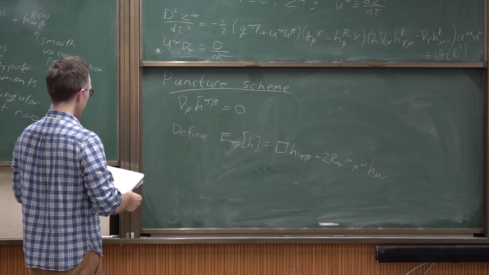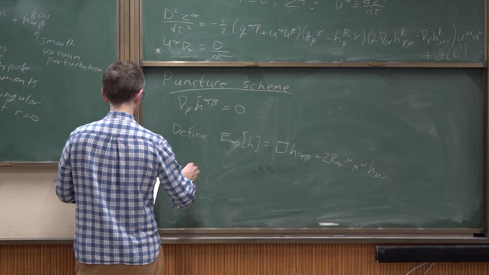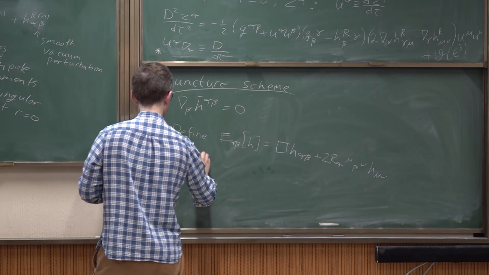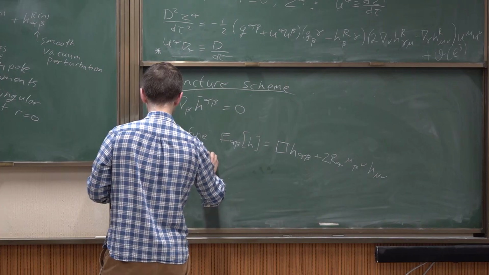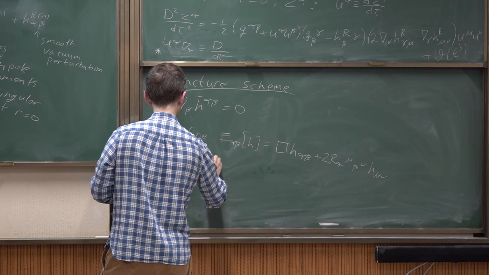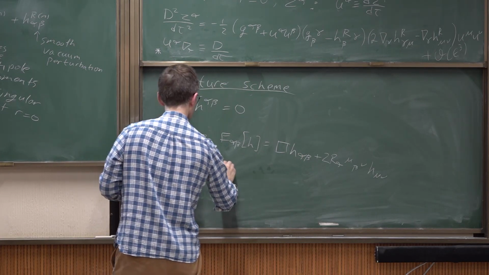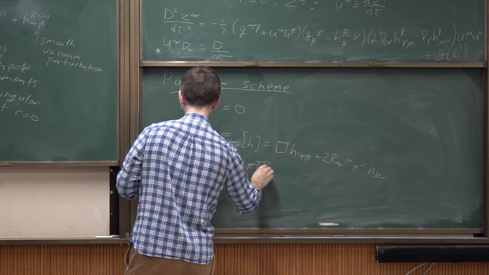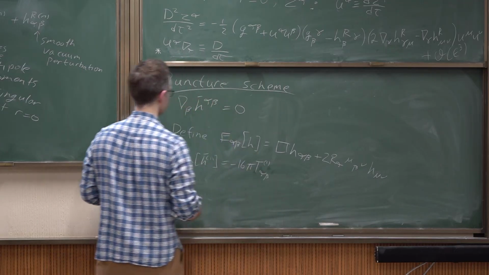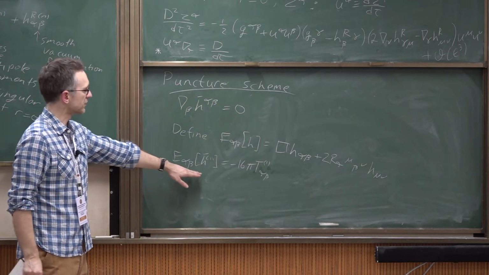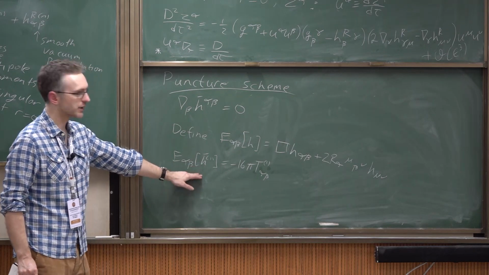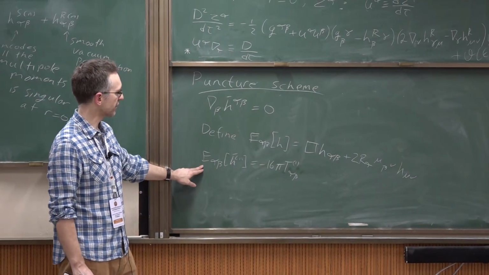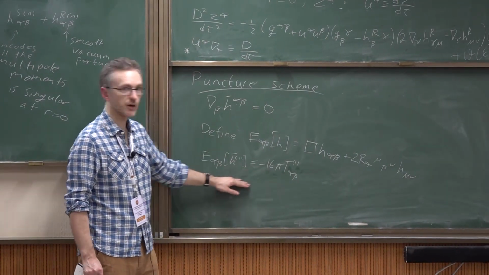I'm then going to split up my equations into first order and second order ones. The first order equation is the box of h bar 1 is minus 16 pi T1 alpha beta. So if you've ever done black hole perturbation theory with a point particle, calculating Teukolsky fluxes or whatever, this is basically your starting point.